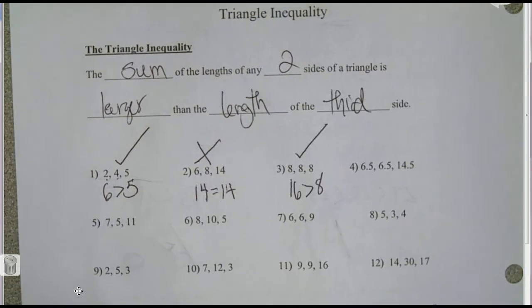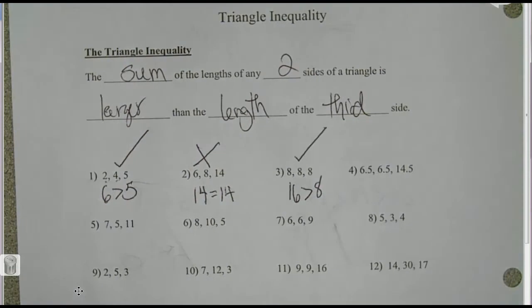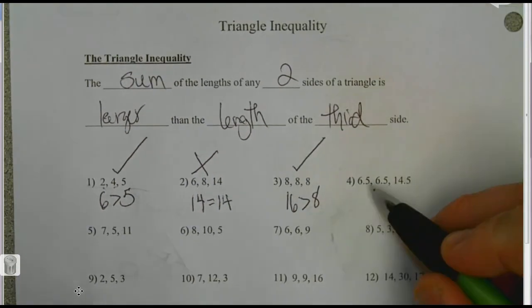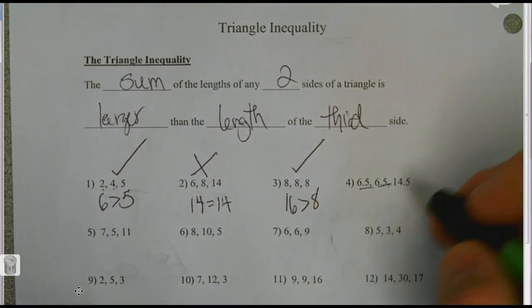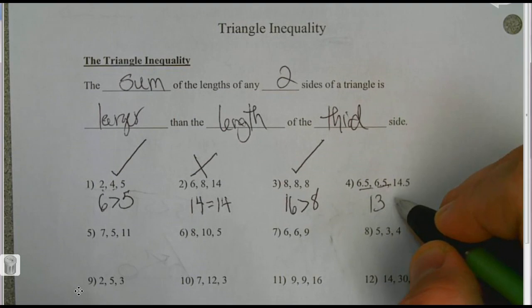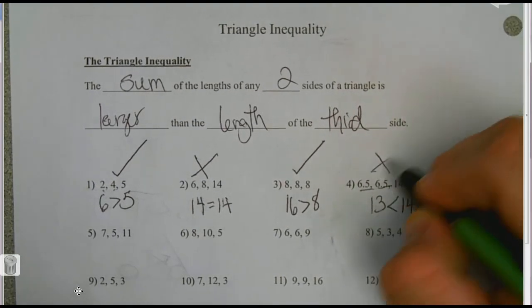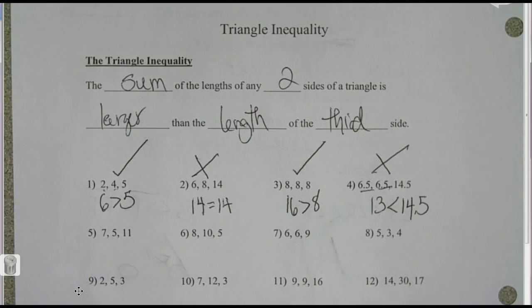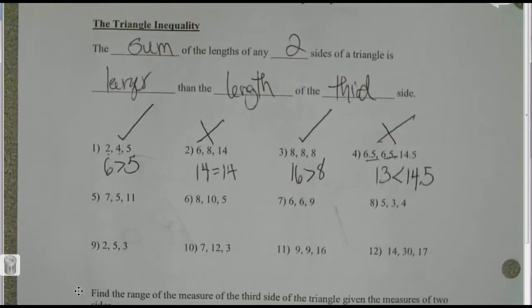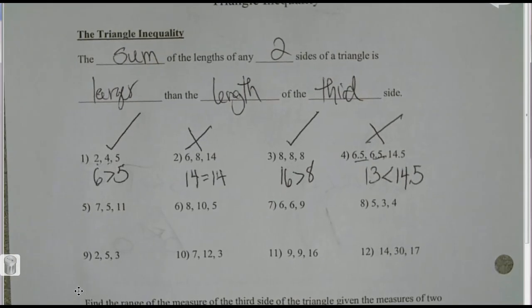That can be 3 sides of a triangle. 6.5 and 6.5, that's equal to 13. 13 is less than 14.5. This cannot be the 3 sides of a triangle. Why don't you go ahead and pause the video and try 5 through 12.